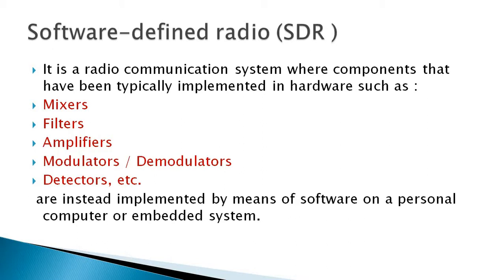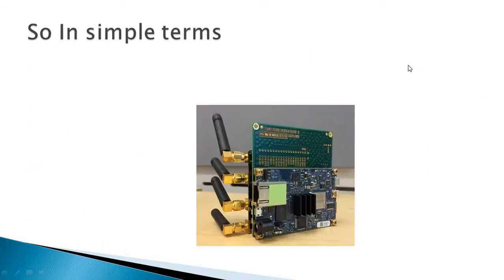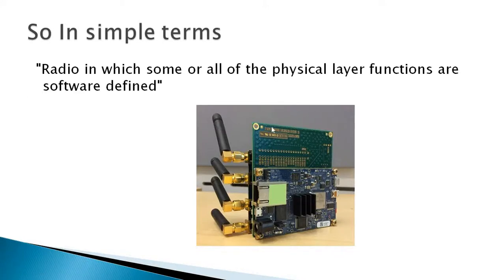So in very simple language, in a computer, using some embedded language, you are defining these hardware components by their functionality, and it will work as a software defined radio. In simple terms, it is a radio in which some or all of the physical layer functions are software defined.